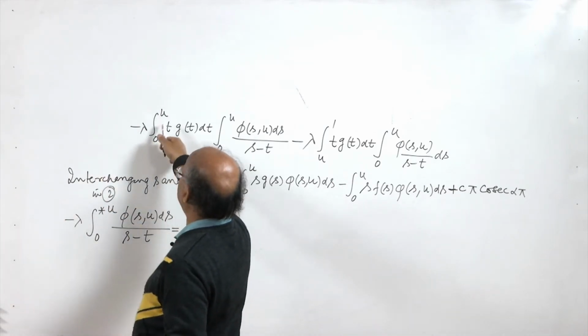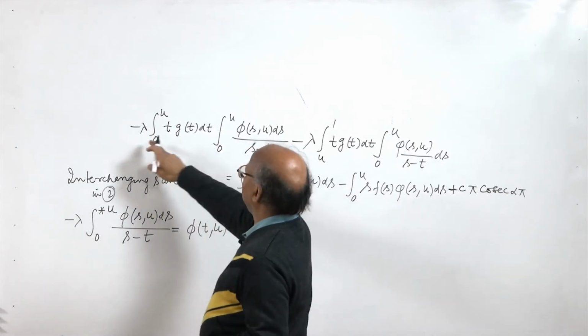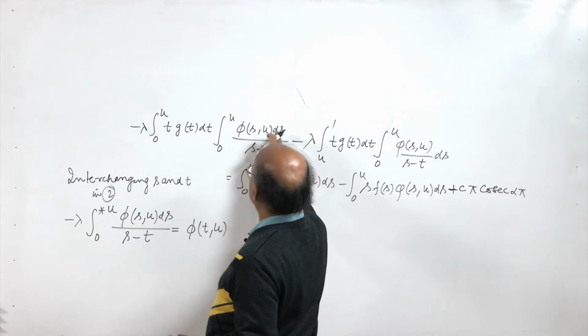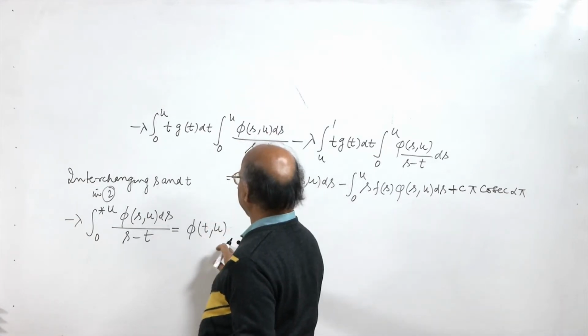So, when t lies between 0 to u, the value of minus lambda into integral 0 to u phi(s,u) ds upon s minus t can be written as phi(t,u).